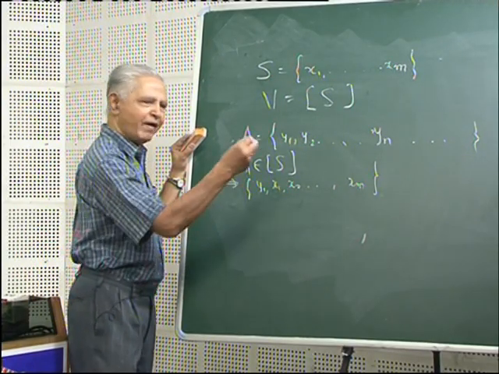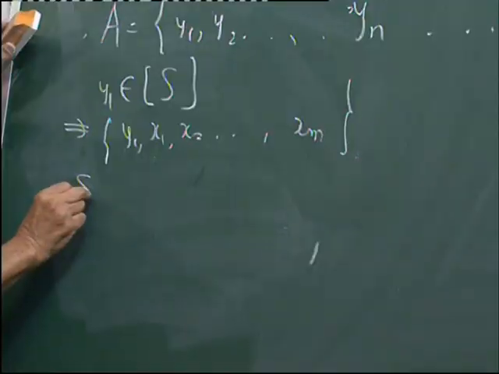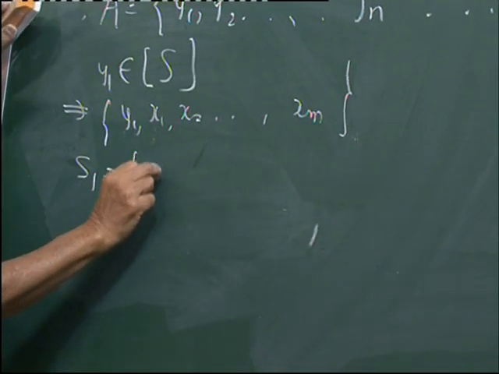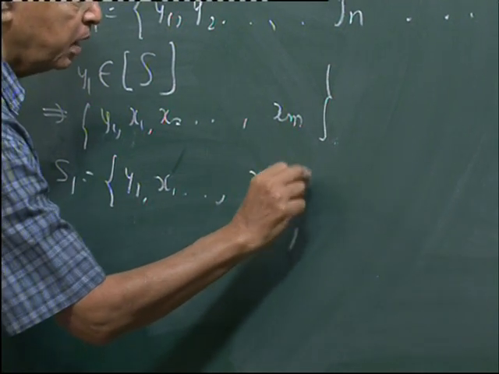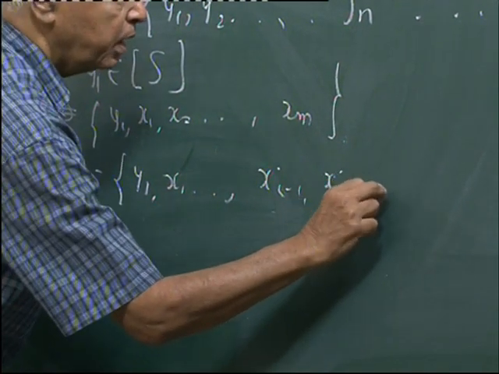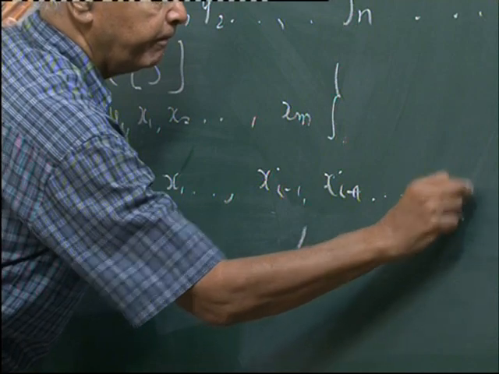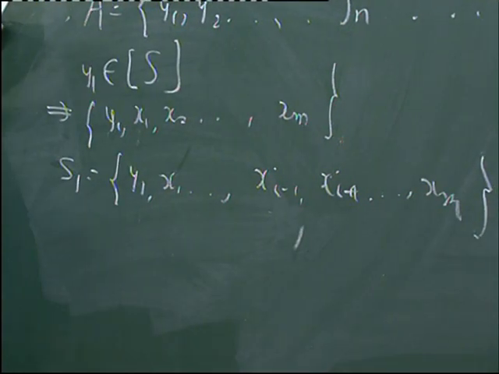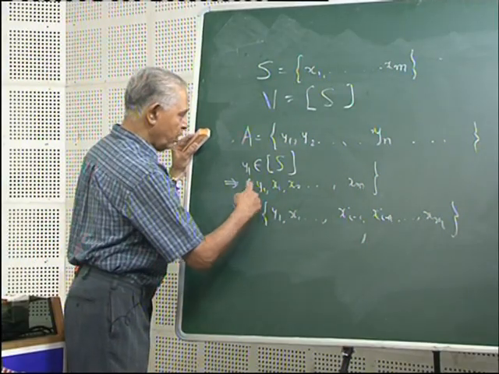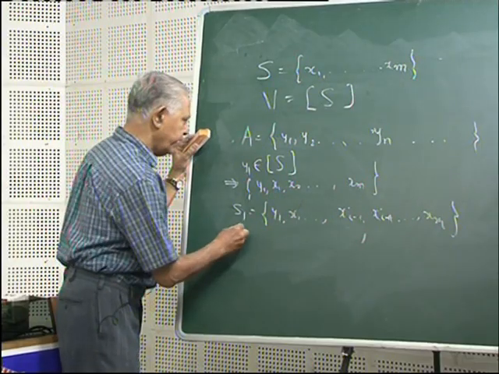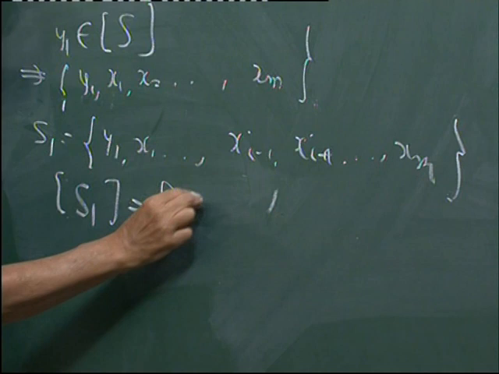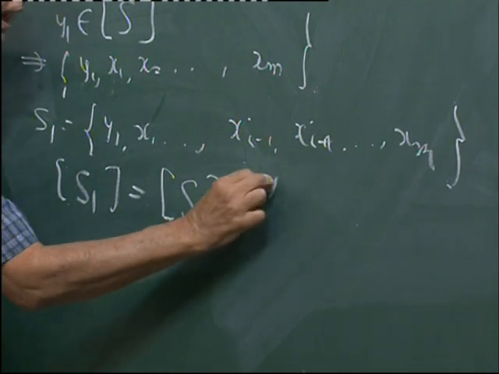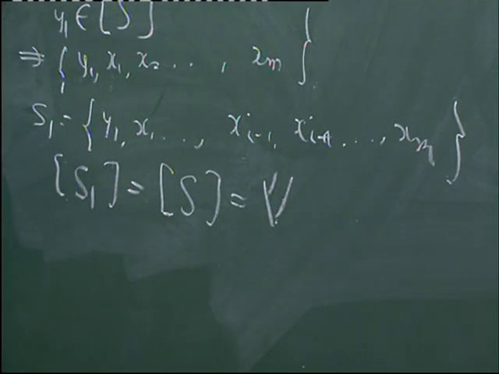So, we remove that vector xi and we get the set S1 = {y1, x1, ..., x(i-1), x(i+1), ..., xm}. And since the vector xi belongs to the span of the others, the subspace spanned by S1 is equal to the subspace spanned by S, and that is equal to the whole space.